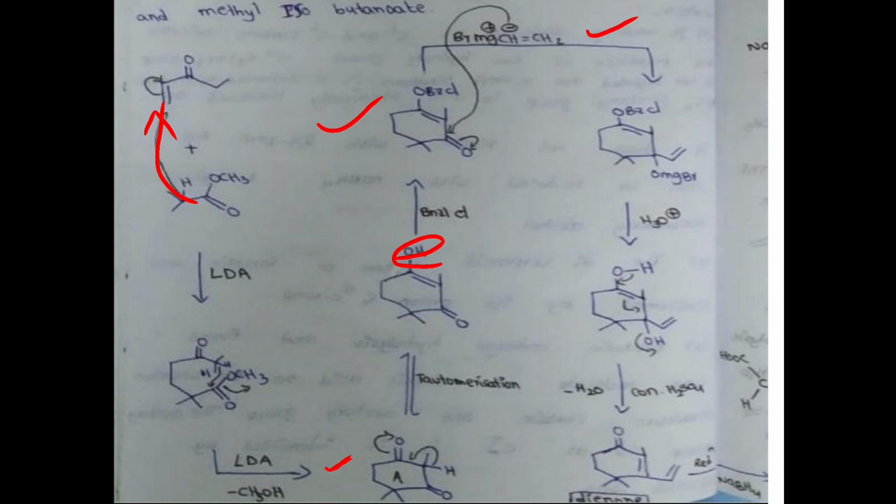When this Grignard reagent is treated with this cyclic ketone, the vinyl carbanion from the Grignard reagent attacks the carbonyl carbon and forms a new bond with this carbon, which on hydrolysis is converted into a dihydroxy compound.